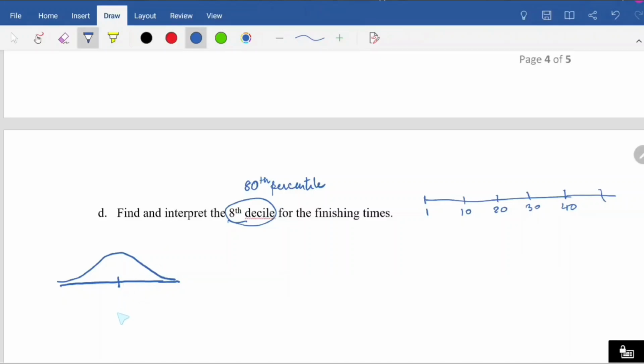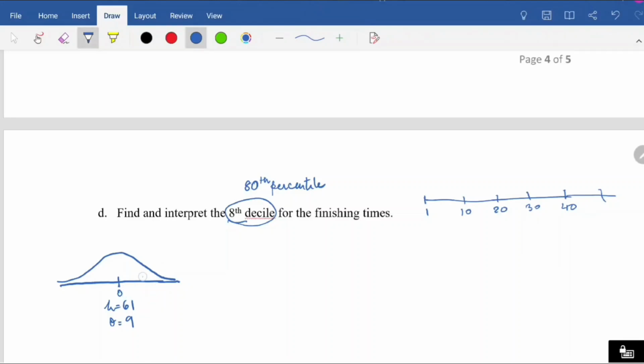Again, center point is going to be where the mean is located, correct? Mu equals 61, so that will have a z value of 0. And then, of course, standard deviation is 9, and 80th percentile will be a value, all right? So the particular z value and hence the corresponding x value will be located somewhere to the right of the center point.